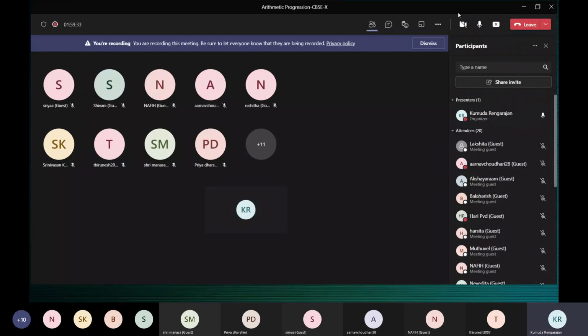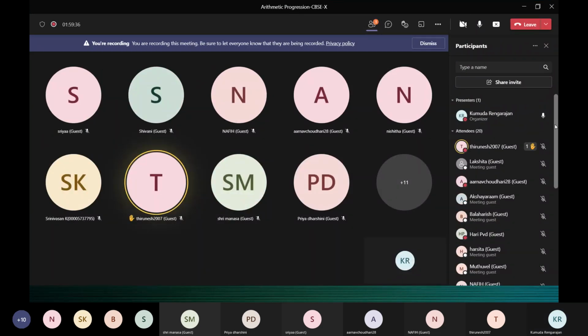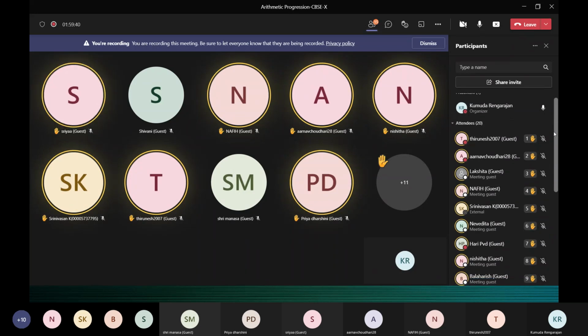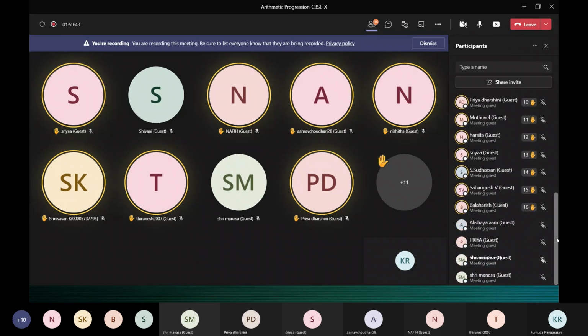Class, use the emoji, raise your hand. Manasa, Shivani and Priya, I hope you're all there. Shivani is there, okay. Manasa. Okay.